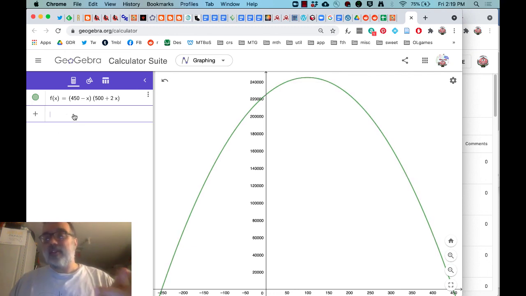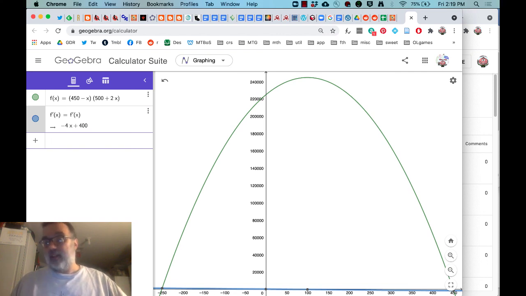Okay, but we want to see how calculus would find that same thing. So we can find the derivative exactly, and this is a function where we're looking for where it is zero, the way he explained, right? Because it's increasing, then decreasing, we want to find that sweet spot right in the middle. Well, negative 4 times what plus 400 is equal to 0?